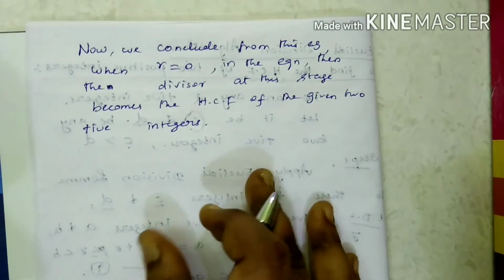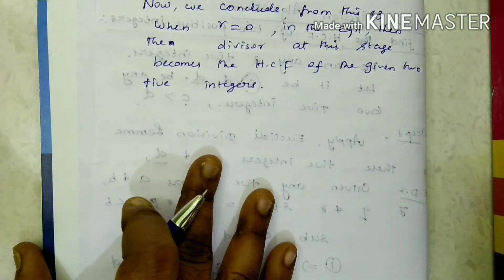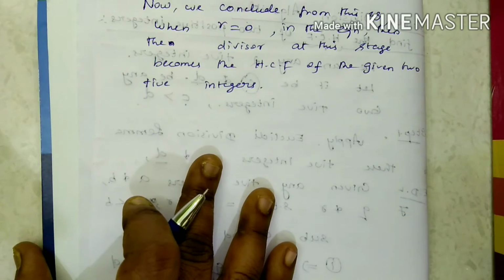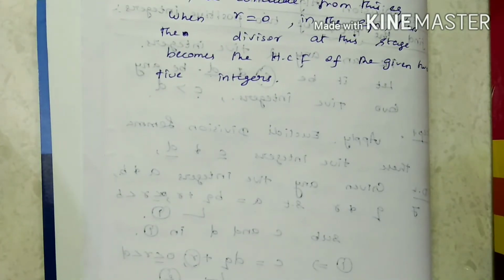So we have seen case 1, that is if R is equal to 0. First of all, in step 1 we are applying the Euclid's division lemma to the given integers C and D with the condition C should be greater than D. And then in the second step we are considering two cases.